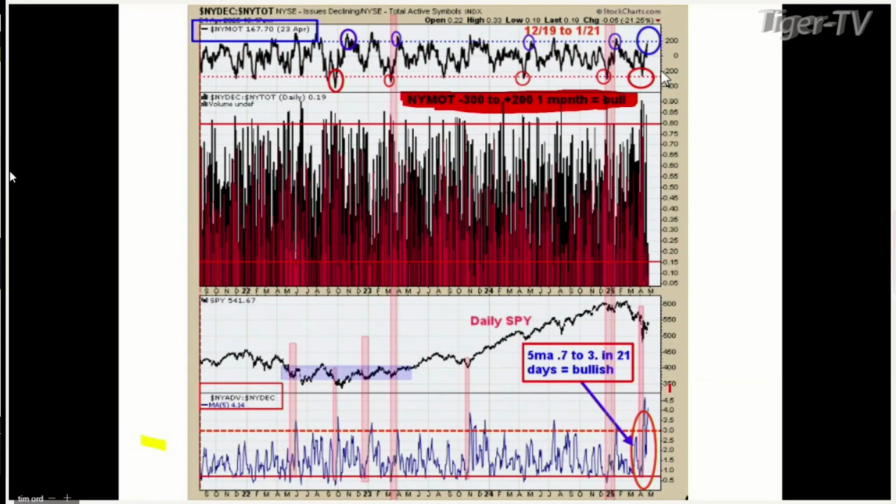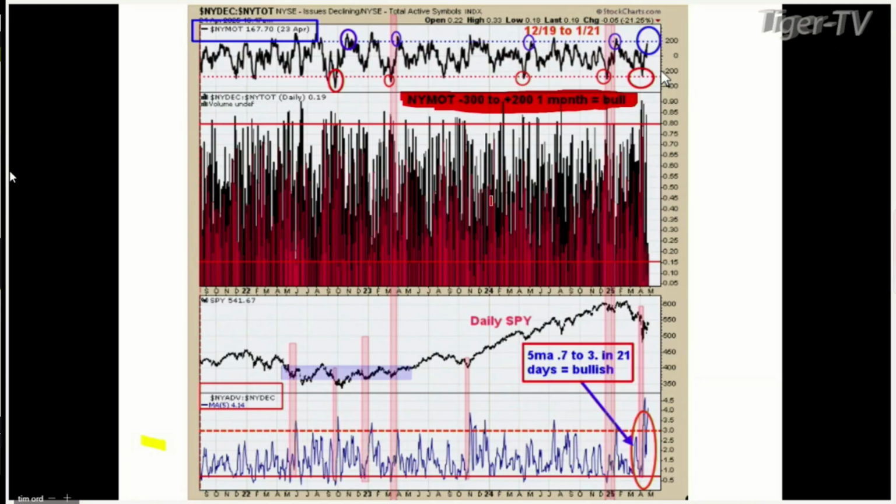I haven't checked it. Normally I keep an eye on it. I don't have that right in front of me, but these two indicators, that's the reason why I went back to this chart. This one on the bottom did trigger a couple of weeks ago, and this one is probably going to trigger, if not today, probably tomorrow, as far as the McClellan Oscillator. And the Zweig, I checked it yesterday.